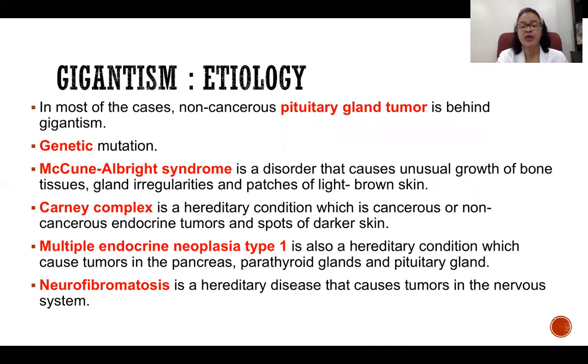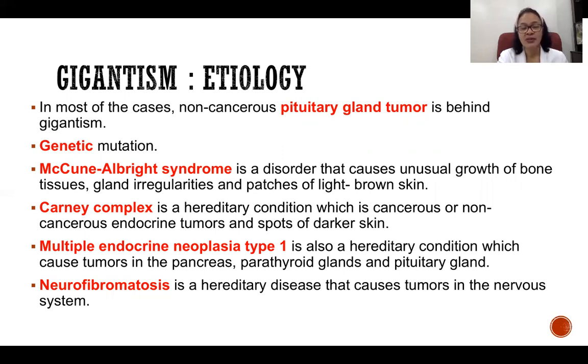So what could be the etiology of this gigantism? In most cases, it's a non-cancerous pituitary gland tumor. It could be genetic. It could be due to a syndrome that causes unusual growth of the bone tissues, called McCune-Albright syndrome.